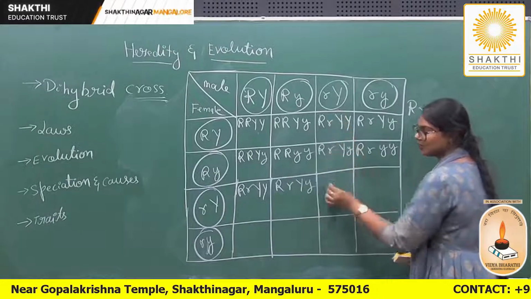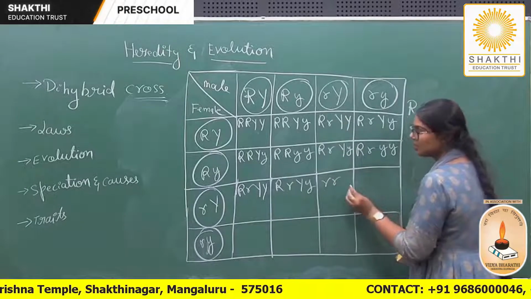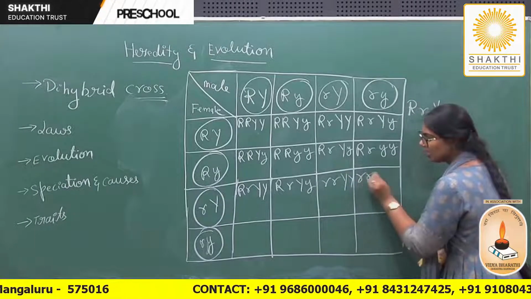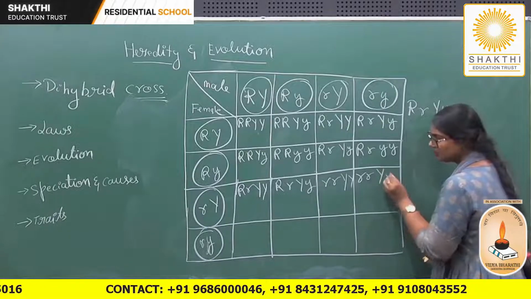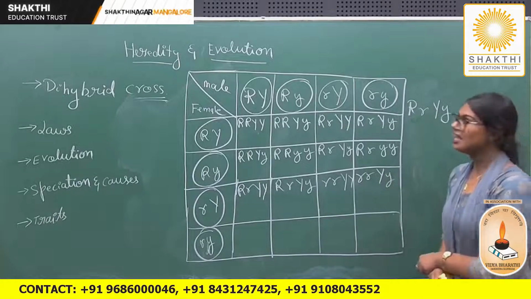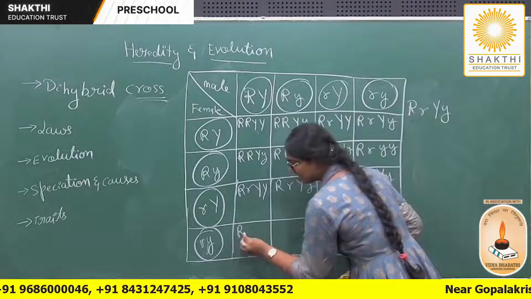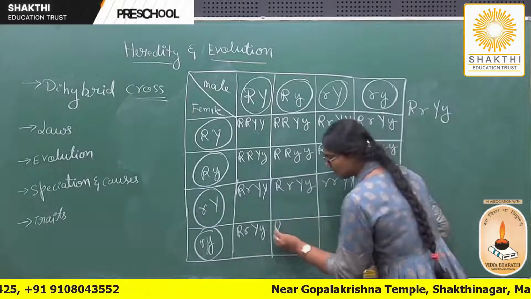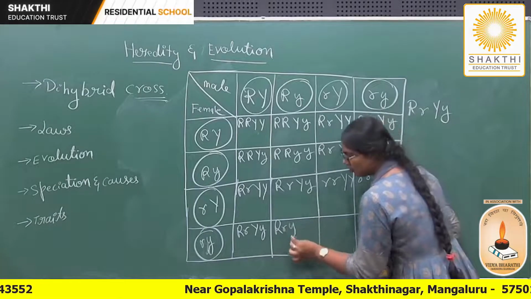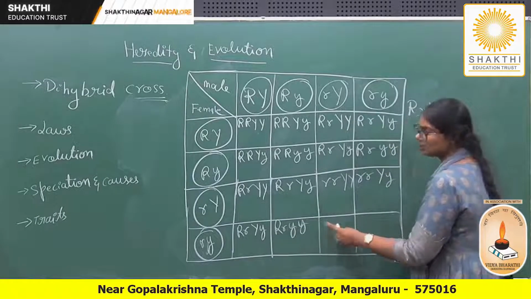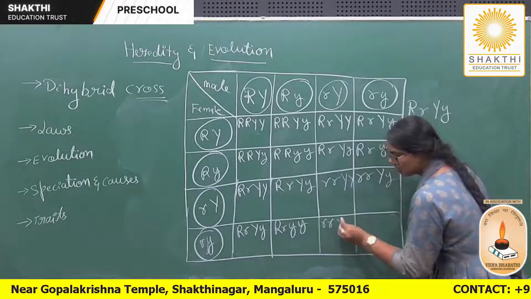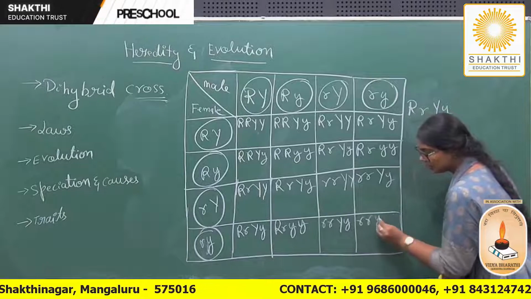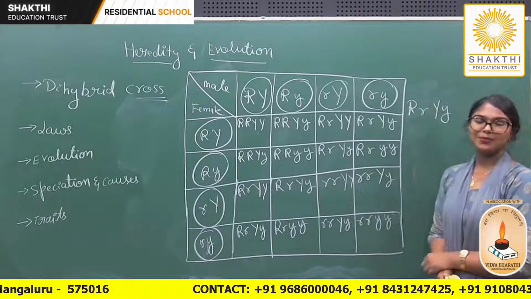Very easy. Next we have small r, capital Y, and last we have small r, capital Y, small y. The last row, students, we have capital R, capital Y, small y, capital R, small y, small y. This box is nothing but small r, capital Y, small y, small r, small y, small y.